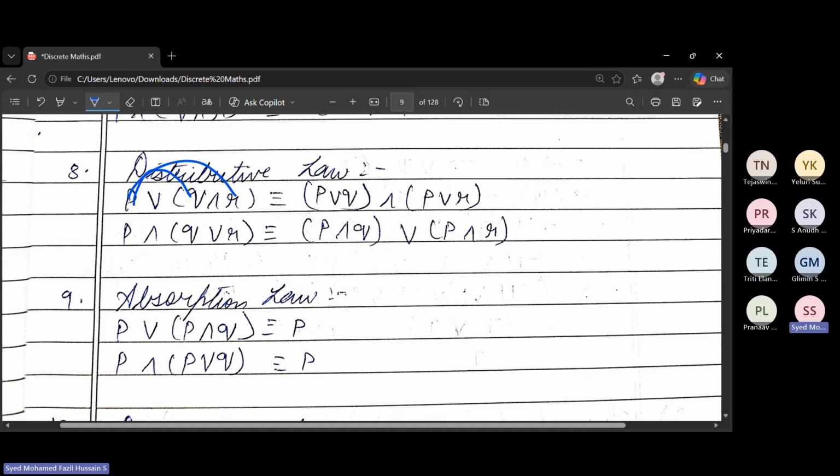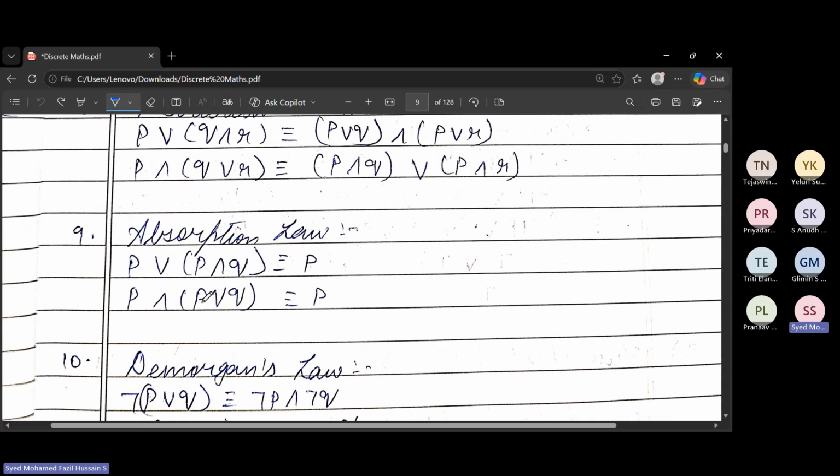So this p gets distributed to both q and r. So that is p or q and p or r, because that and is already present inside. So let's take the other case. Here p and q or r is distributed as p and q or p and r.